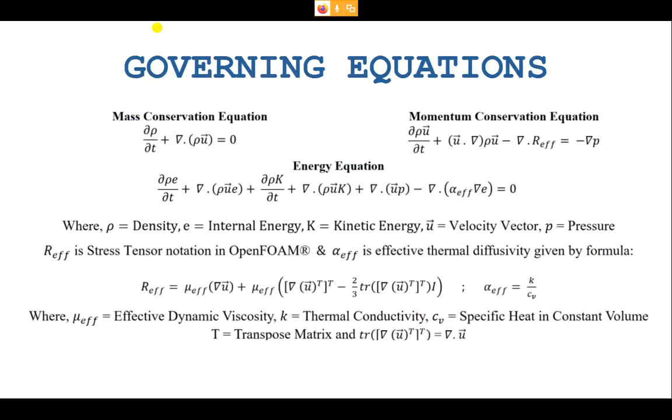These are the governing equations which govern the fluid flow. If you want to track any fluid flow, you need basic governing equations which come from the conservation laws: conservation of mass, conservation of momentum, conservation of energy, and so on.